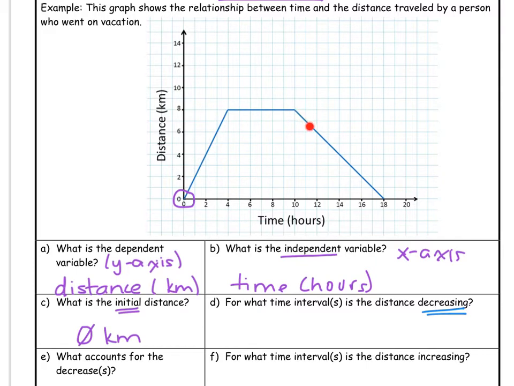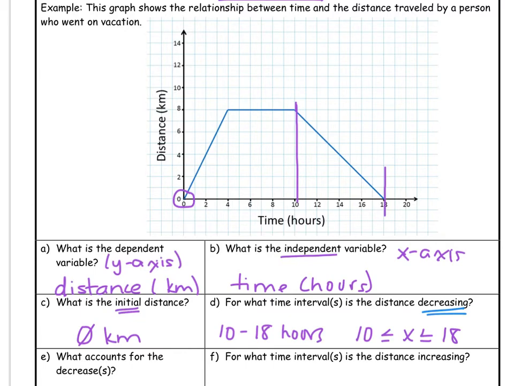It's not increasing any here, and then it's starting to decrease between here, which is 10 hours, and 18 hours. So it's 10 to 18 hours. We could also write it, our decreasing is 10 is less than or equal to x is less than or equal to 18, and that would be in hours.